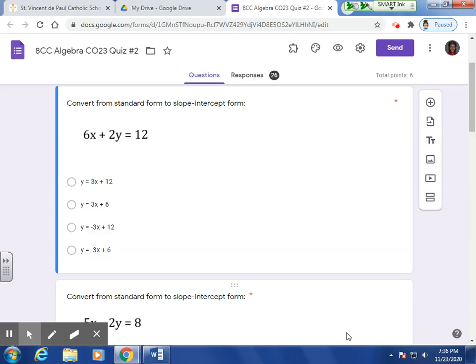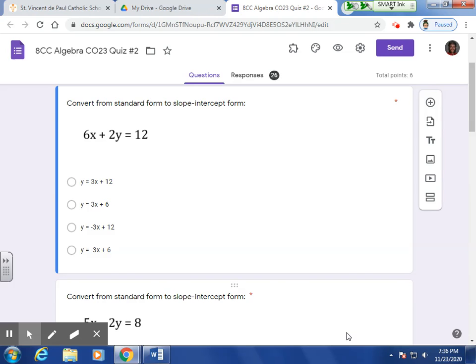I do plan on being back on Monday. So looking at our quiz from CO23, converting from standard form to slope-intercept form. They went okay. The average between all three classes was something around 65%. There wasn't one class that did significantly better than the other.